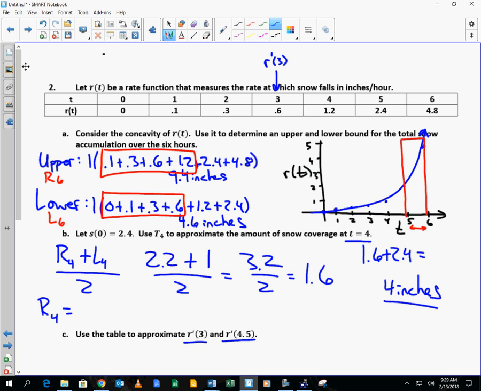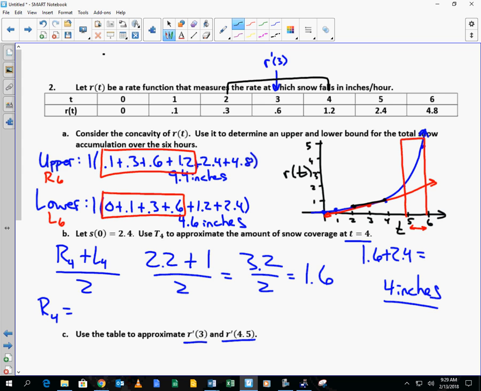Okay, now we did this earlier in the year, but if I want to find r prime of 3, consider this. I want to find the rate of change at time 3. Are there 2 points that I could connect that would provide a slope that's about the same as that? If I consider the slope from 2 to 4, that should approximate the slope at 3, right?